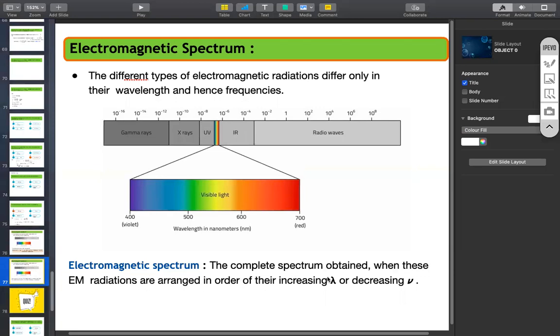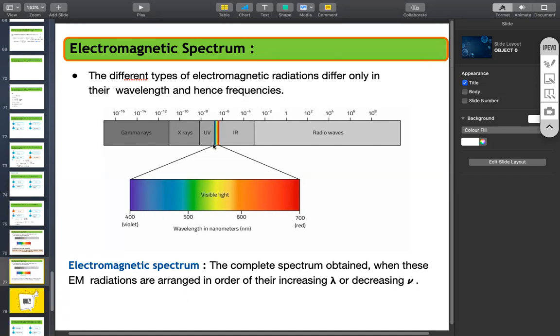The complete spectrum obtained when these electromagnetic radiations are arranged in order of their increasing wavelength, or decreasing frequency, is called the electromagnetic spectrum. You can see from left to right the wavelength is increasing. So it is increasing wavelength and decreasing frequency.